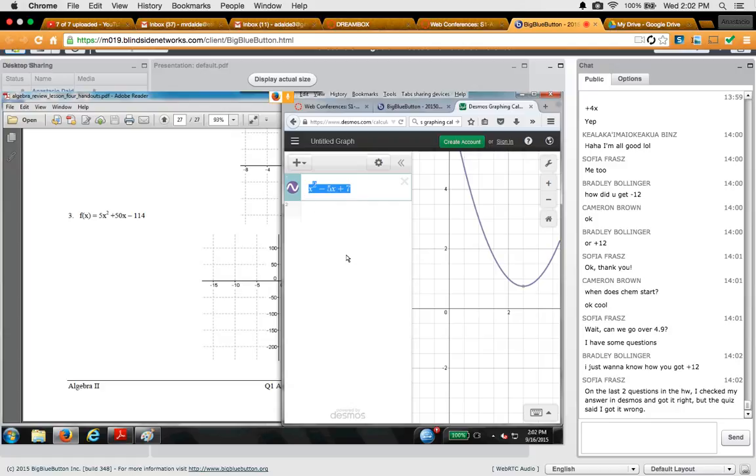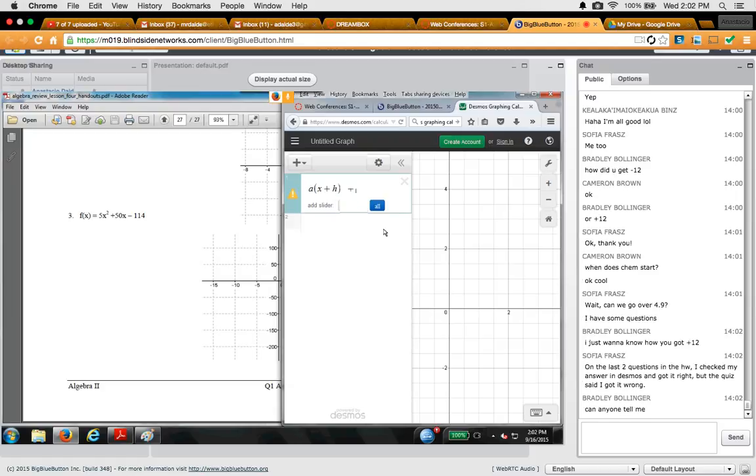In our equations, the ones that we covered today, like for example, a times (x plus h) squared plus k. I'm going to make a little slider bar for these, and this is actually pretty cool. I'm going to make this 0.